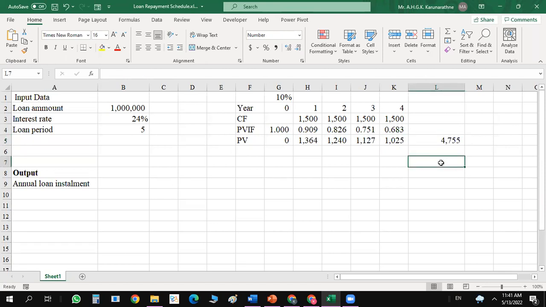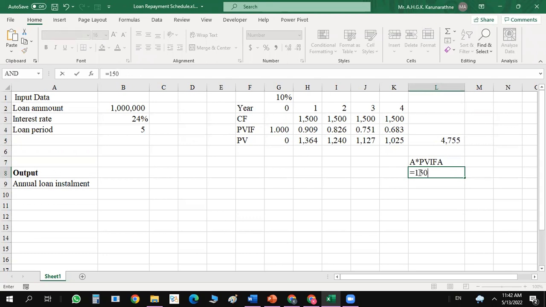How? The present value of an annuity equals the annuity multiplied by the present value interest factor annuity.